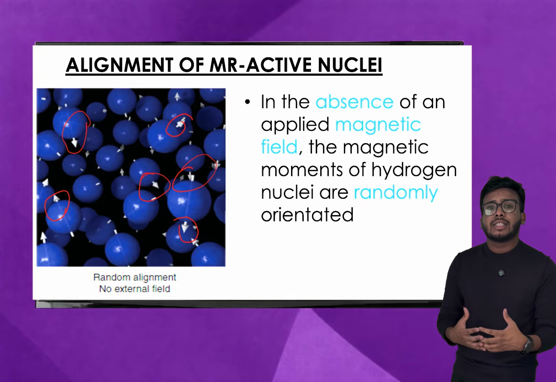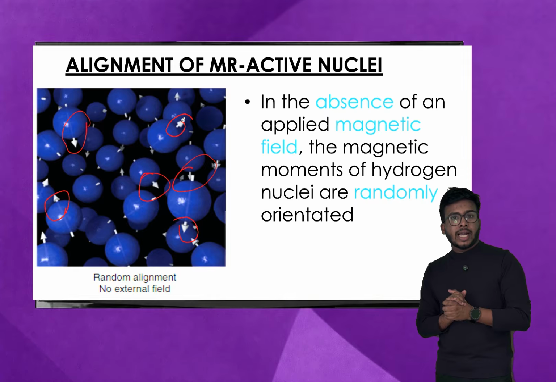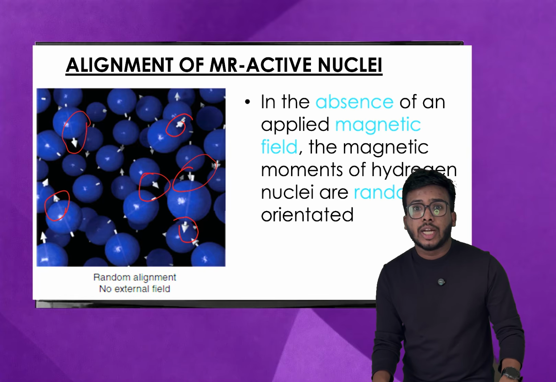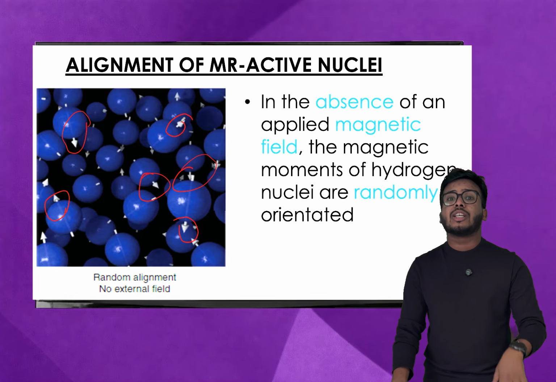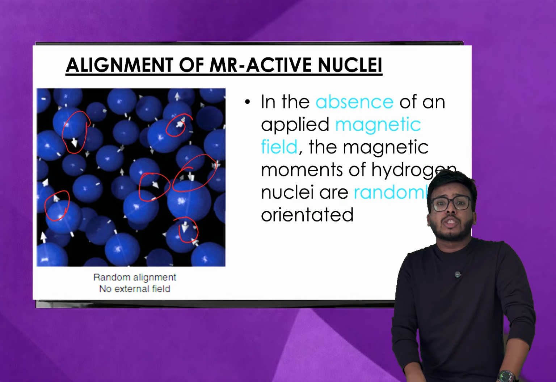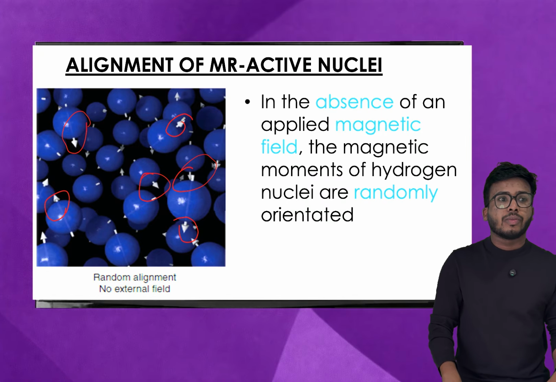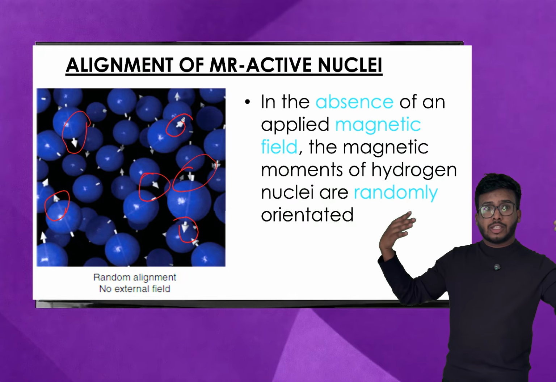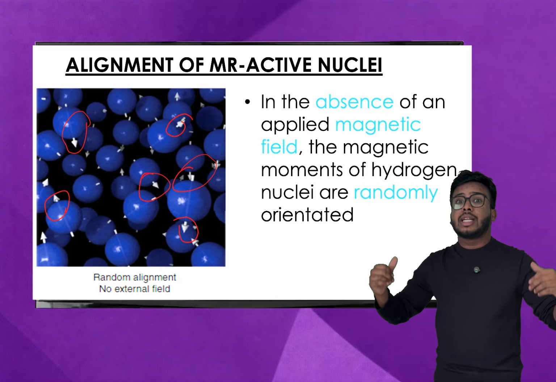I compare this orientation of protons inside the human body in the absence of an external magnetic field to the orientation of students in a classroom in the absence of a teacher. In the absence of a teacher, how will the students be oriented in a classroom? They'll be running here and there. They'll be standing. Some students will be crazy. Students will be standing over the table.